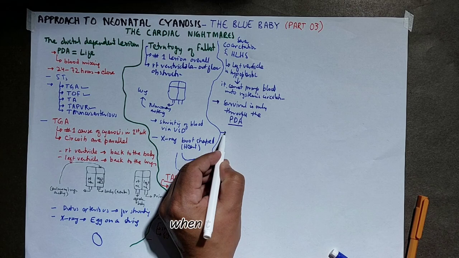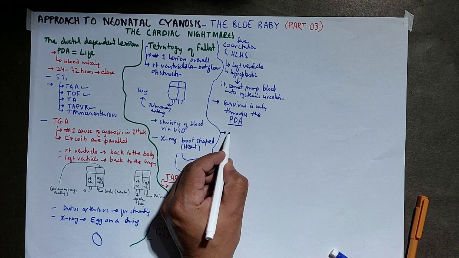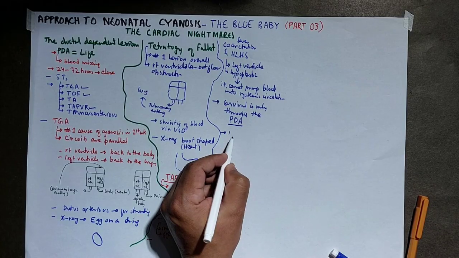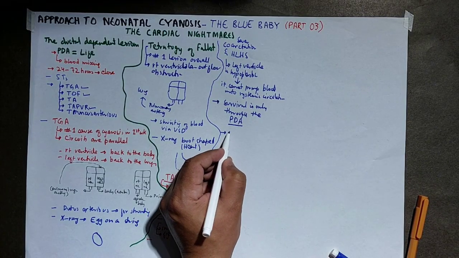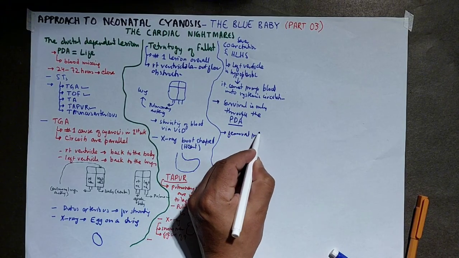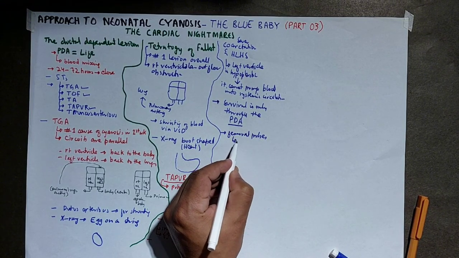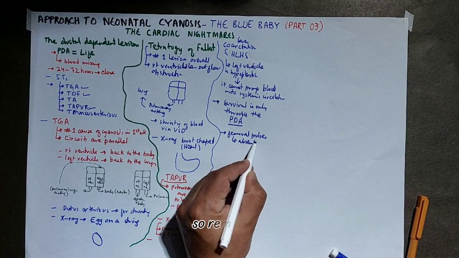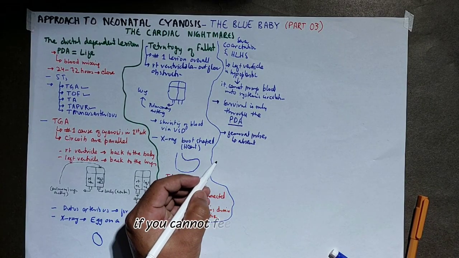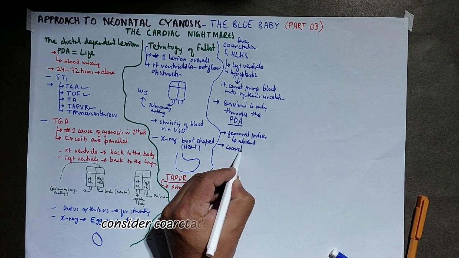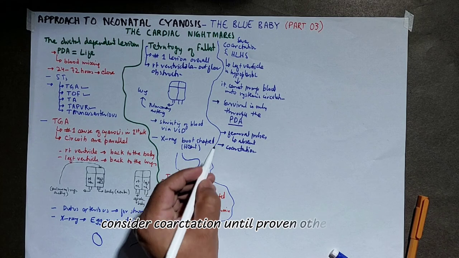When the PDA closes in HLHS or severe coarctation, the femoral pulses become absent. So remember, if you cannot feel femoral pulses in a sick neonate, consider coarctation until proven otherwise.